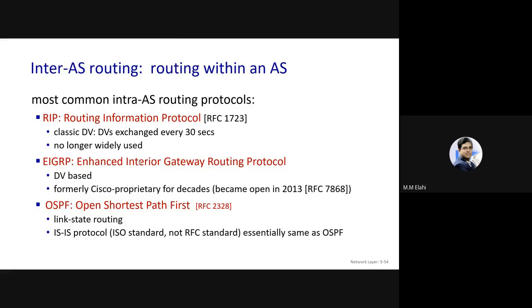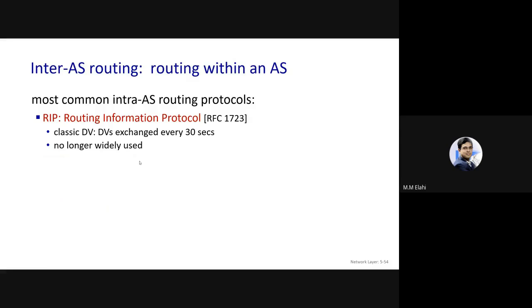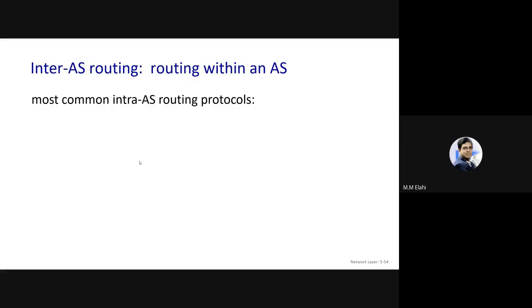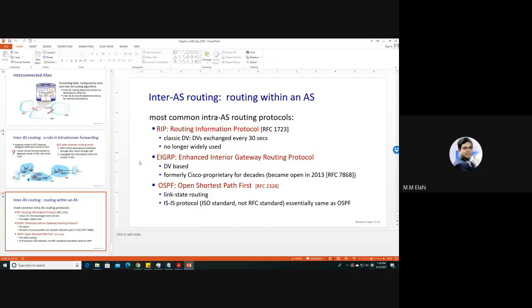Anybody? So this is actually the end of chapter 5. We have finished routing and the network layer. From next class tomorrow, inshallah, we will start chapter 6, the data link layer. Is there any question before I finish the routing algorithms?